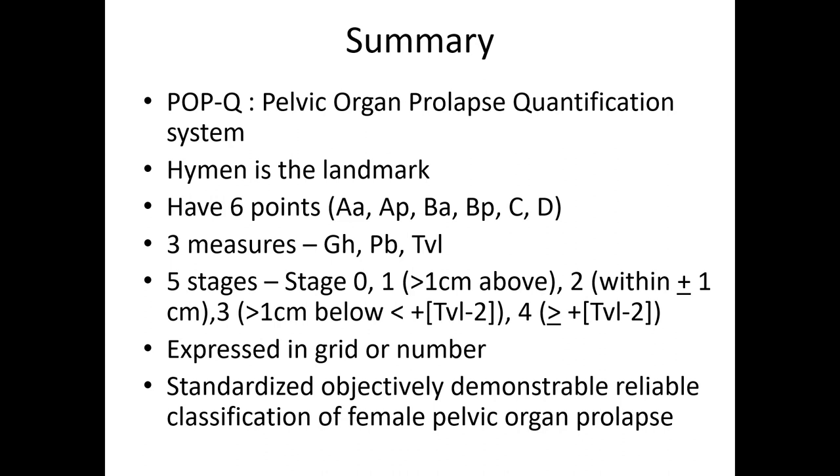Stage 2, within plus or minus 1 centimeter of the hymen. Stage 3, more than 1 centimeter below the hymen but less than plus TVL minus 2. Stage 4, more than or equal to plus TVL minus 2. We express this in a grid or number. So POPQ is a standardized, objectively demonstrable, reliable classification of female pelvic organ prolapse. Thank you.